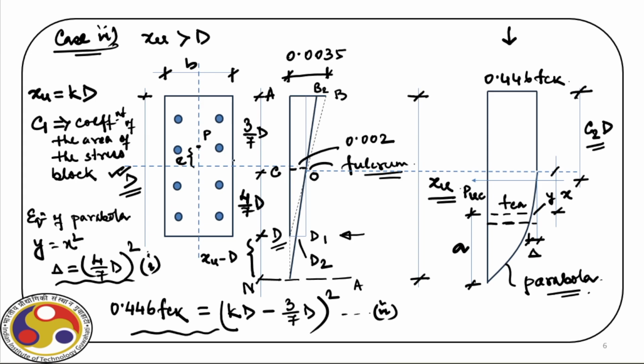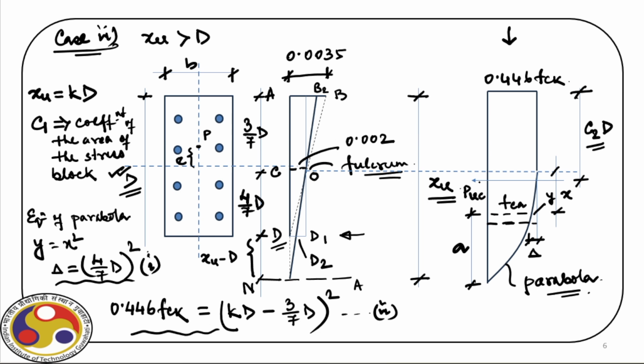So once that is done, our remaining task is to find out the capacity of the section. This capacity will be contributed by the concrete plus the capacity offered by steel. So if we go back to the cross section again, here we have identified all the parameters C0, C1, C2, and we have identified the area of the stress block.